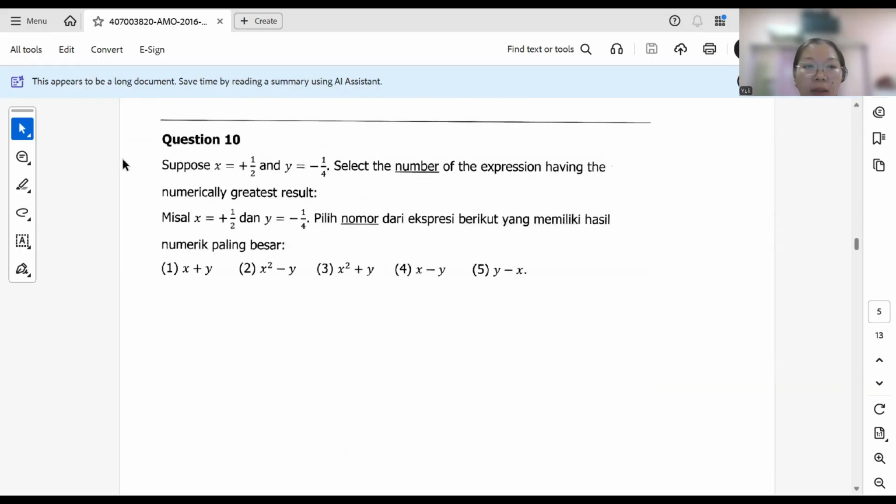Question number 10. For this, the easiest is to count one by one. Okay, for number 1, x is half, and then plus minus 1/4.